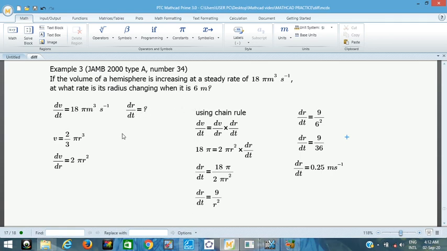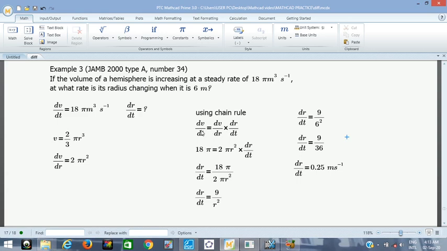Then what next? You now need to get the volume of the quantity that is given, which is the volume of the hemisphere. So volume of hemisphere is 2 over 3 pi r cubed. Then you differentiate it with respect to r, and that is what I've done, so I got this. Then you need to apply the correct chain rule.